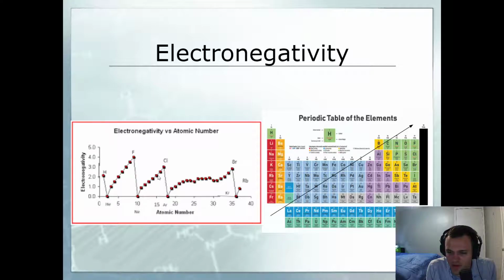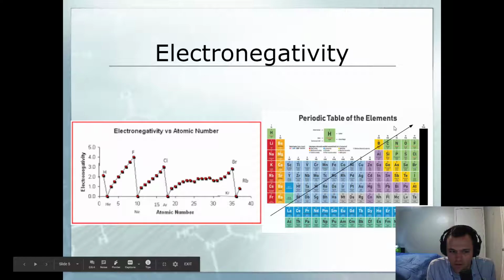It goes up until we get to chlorine, and then argon, the next noble gas, and straight back down to 0. So that's the story of electronegativity. There's a little bit of funky stuff going on in the transition metals, but don't worry about that. The general rule is that as we go up and to the right, we get more electronegativity, with the exception of the noble gases, which all have electronegativity of 0.